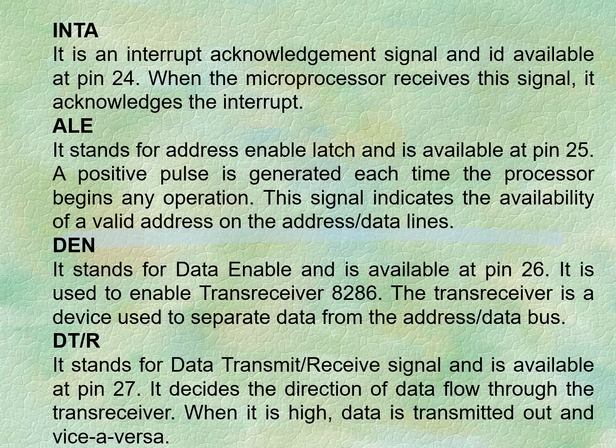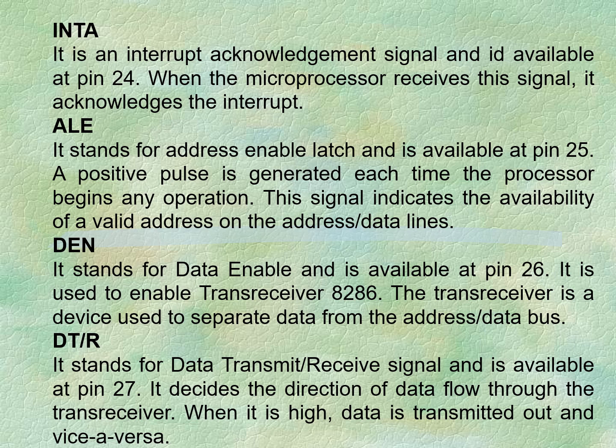We know that 8086 can be both a transmitter or a receiver. So data enable is used to activate it either as a transmitter or a receiver.